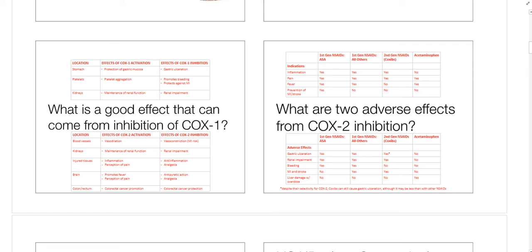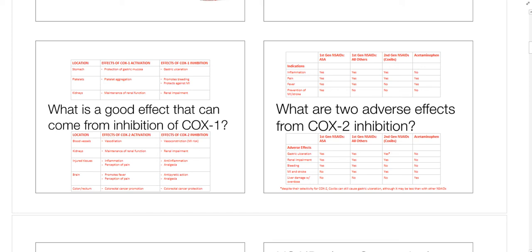Okay, so the adverse effects of the four different classes is going to be that all of them pretty much have a risk of GI ulceration.